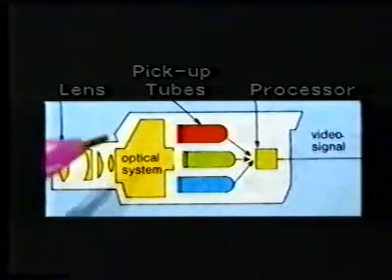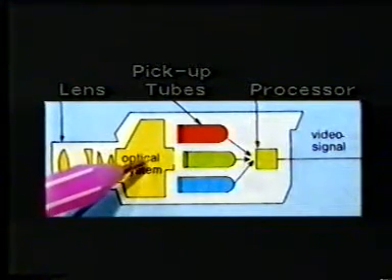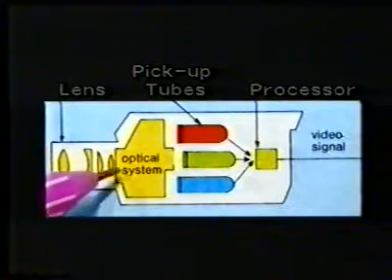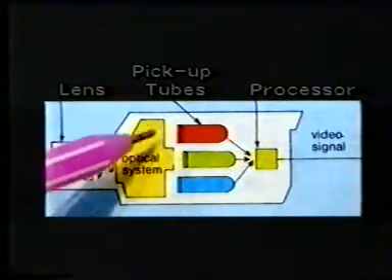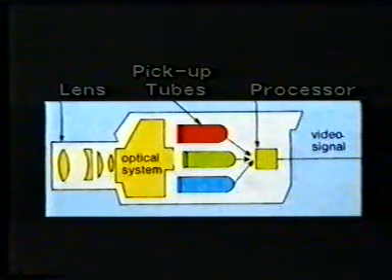In this diagram, this is the position of the optical system, which is also known as a color filter. This color filter or optical system is in between the camera lens and pickup tubes. This optical system may be either dichroic mirror or optical prism.